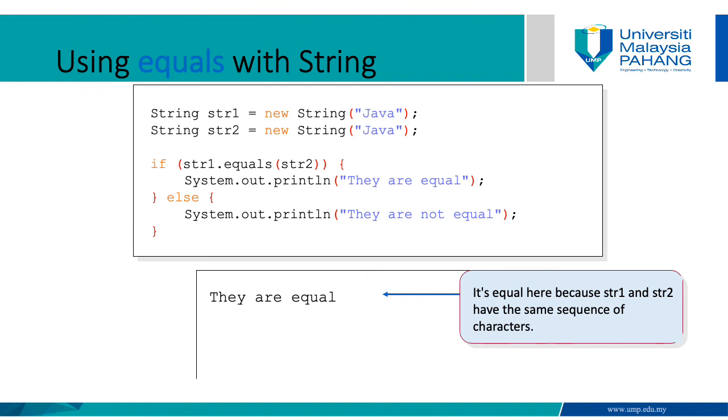You see here str1 and str2 are the same, Java, both the same. So in our code, it should print out they are equal, right? So we use str1.equals(str2). We print they are equal, else they are not equal. So the output is correct. The output printed here is they are equal.